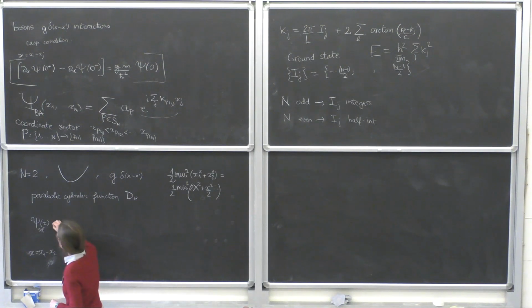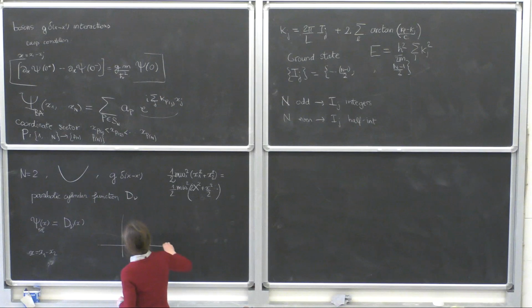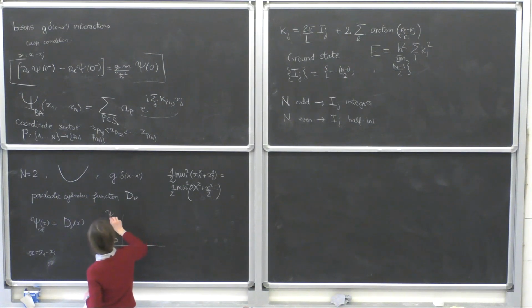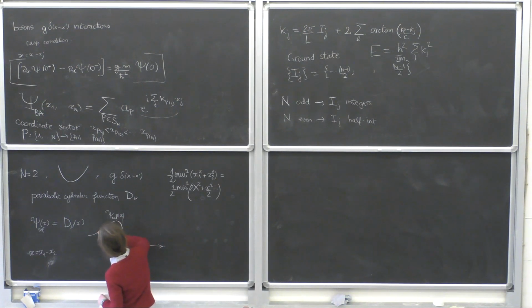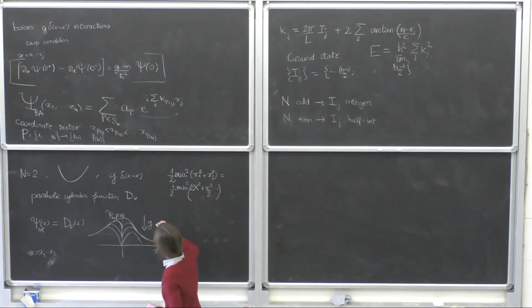So the solution for this relative coordinate is this function, which I will plot, because I find it's useful. The shape is like that. So in absence of interactions, the ground state is a Gaussian. But if you have interaction, there is a cusp at the zero distance that becomes bigger and bigger as you increase the interaction strength.